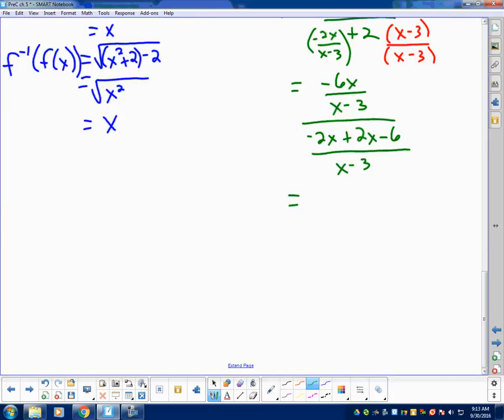So we have negative 6x over x minus 3 times, here's the switchy part, the x minus 3 comes up to the top. And what do I actually have on the bottom here? Just negative 6. Negative 2x and positive 2x cancel out. So the x minus 3's cancel out, and the negative 6's cancel out.